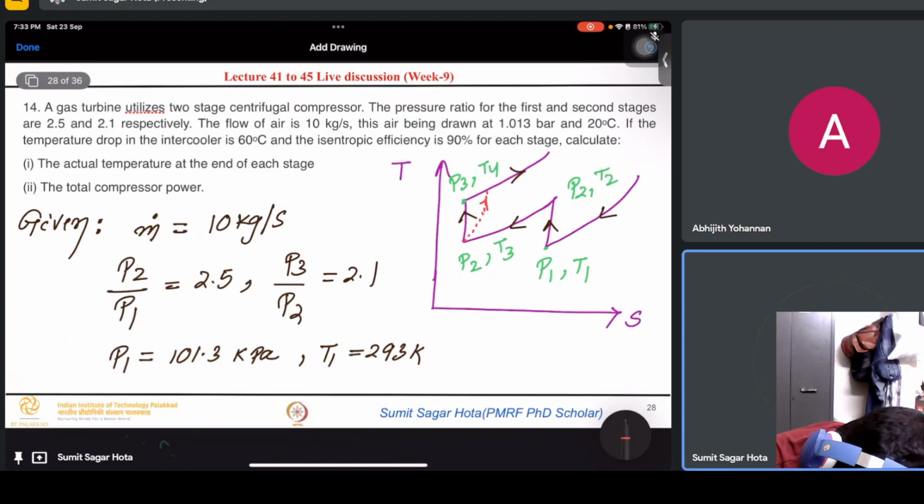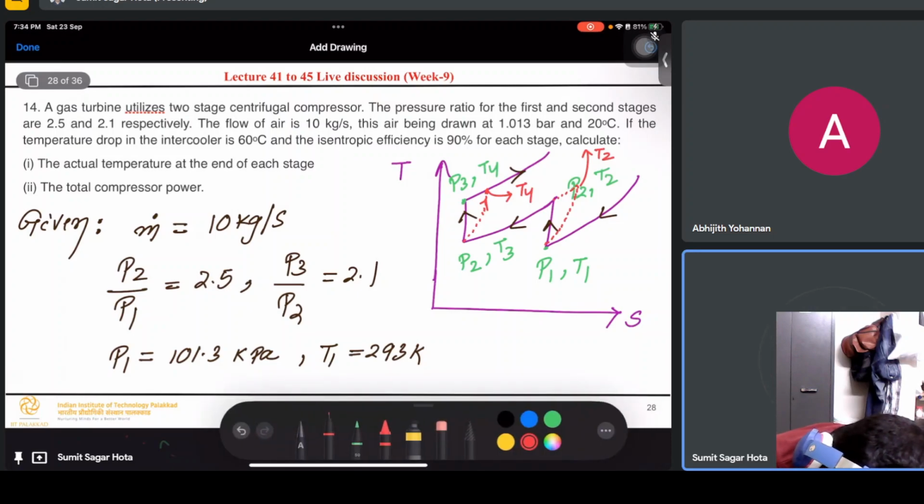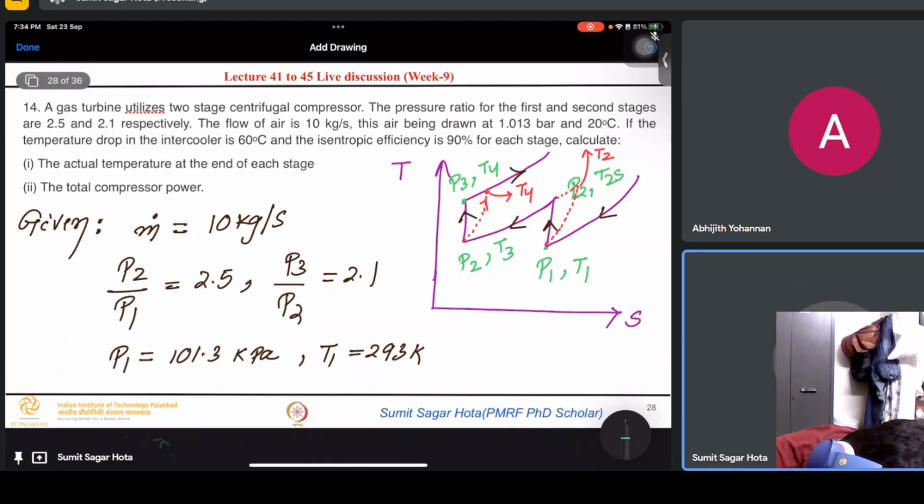This is not your T4; it will be different. This is your T2 and this is your T4, and this is your T2S and this is your T4S, isentropic. You can write it down very well. Just remove it.